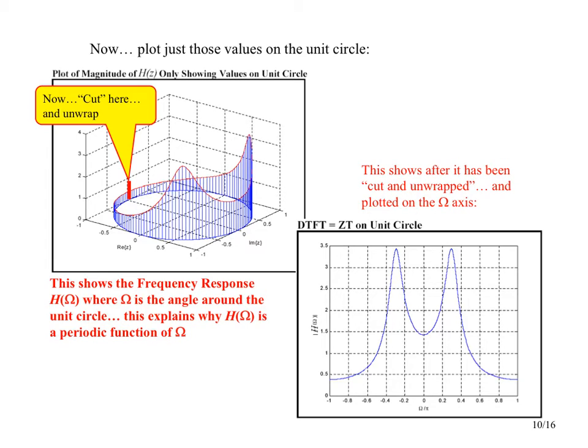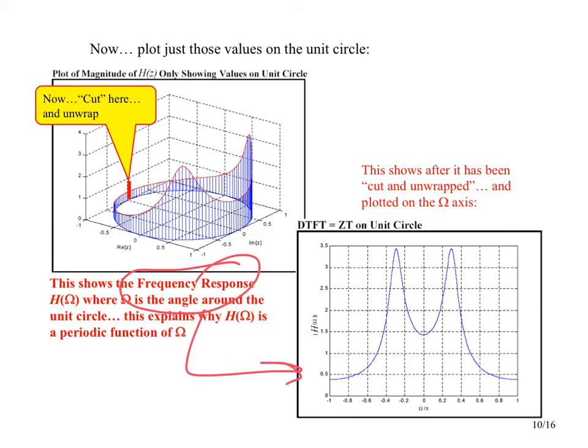So hopefully you can visualize going from the transfer function surface plot to cutting away everything, taking the Burger King crown, cutting in the back, unfolding, and laying it out on a linear axis. And so this is the magnitude of the frequency response, plotted versus the omega axis. And so that's how we visualize this.